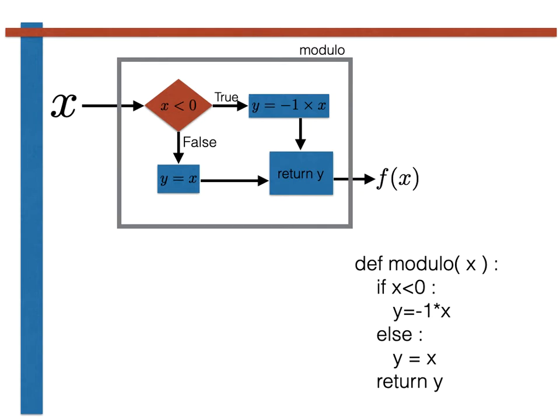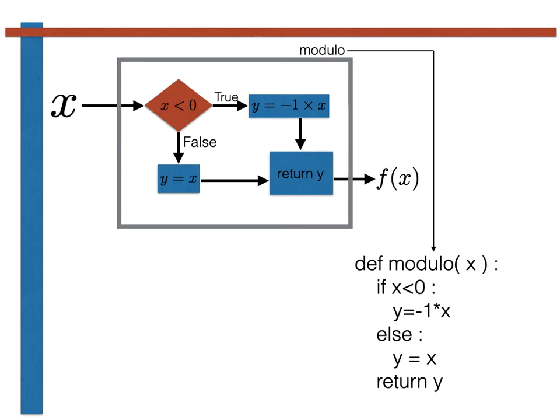As you can see, I have called the function modulo, just as I have labelled the box containing my function at the top of the page, modulo. The variable z in the calling code can thus be set equal to the modulus of the variable a by calling this function by writing z equals modulo a, just as we saw last week.